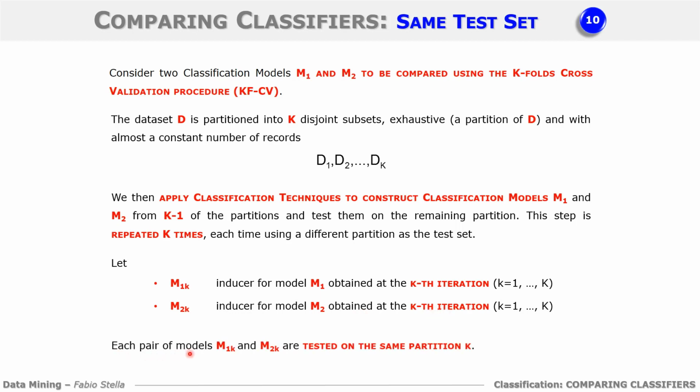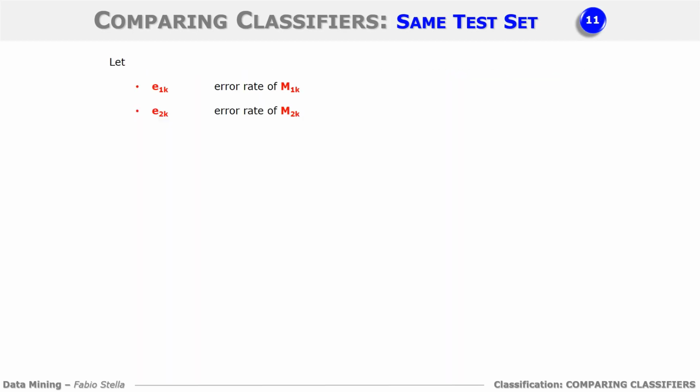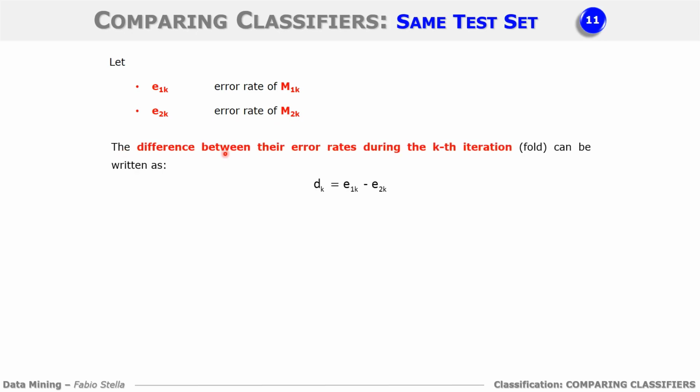Then each pair of models M1k and M2k will be tested on the same partition k. In such a setting, we let e1k be the error rate associated with M1k and e2k be the error rate associated with M2k.